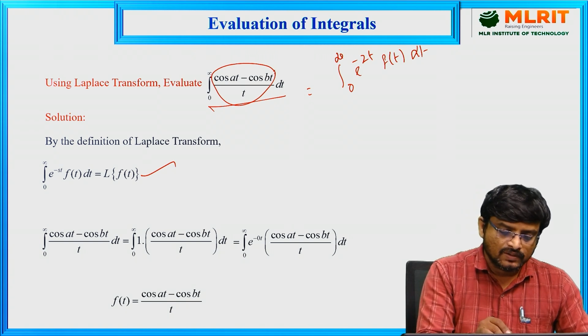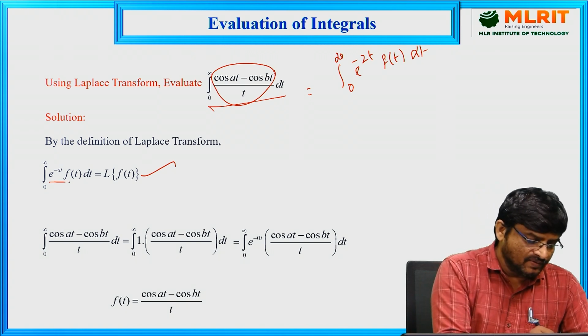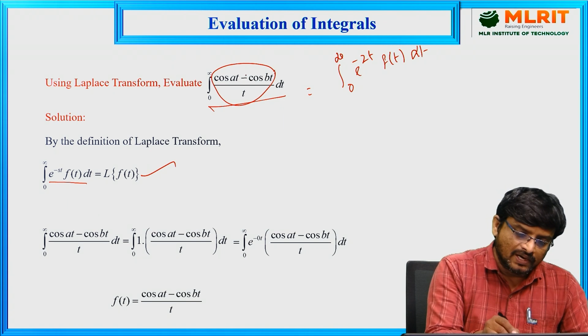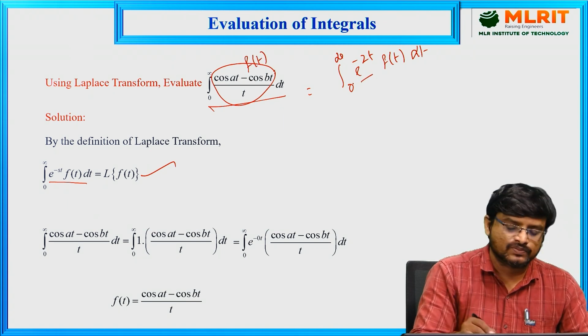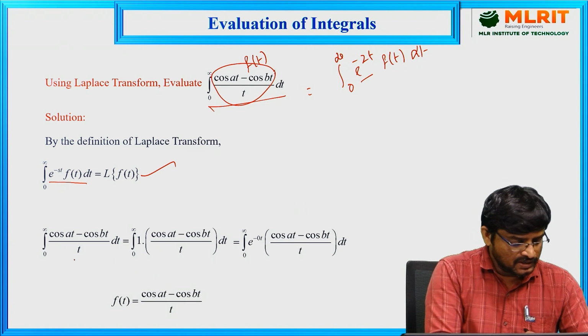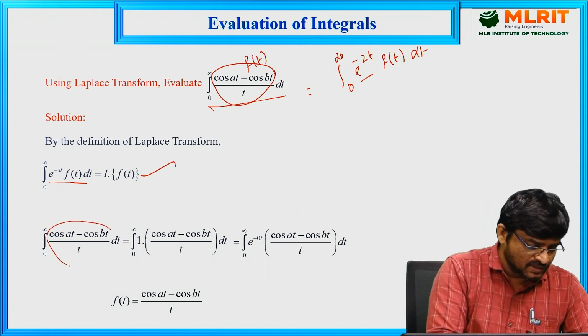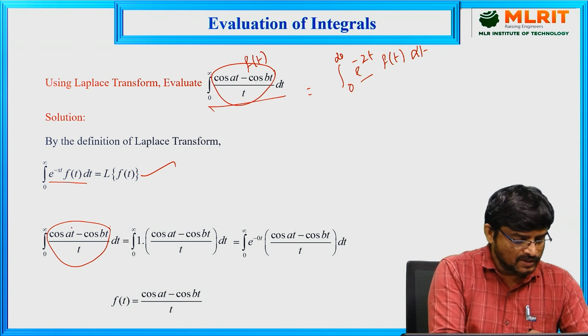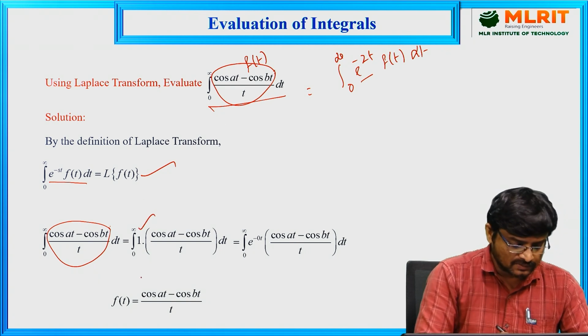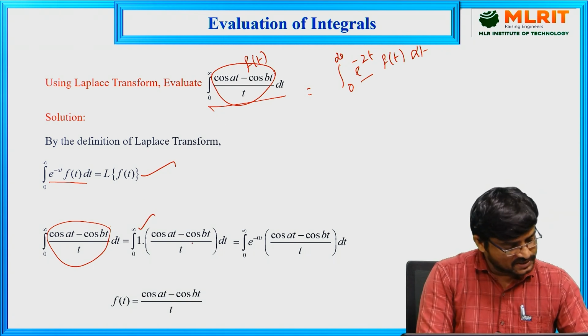So here, in order to apply our definition of Laplace transform, this function must be multiplied with some exponential function. So here we don't have that exponential function. So in order to get that exponential function, what I am doing is, I want to multiply this function with 1. So 1 into the same function.